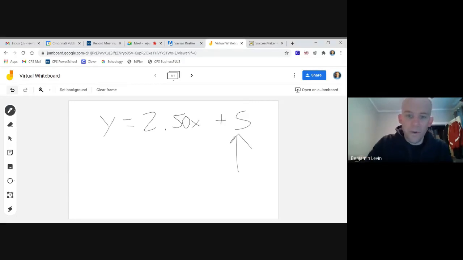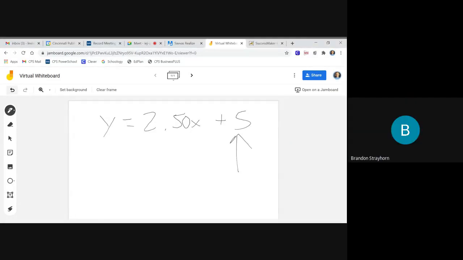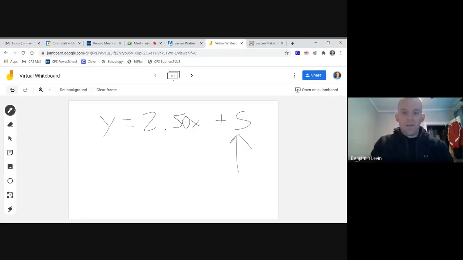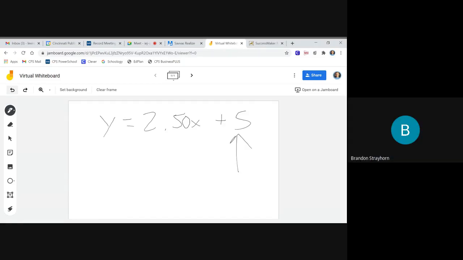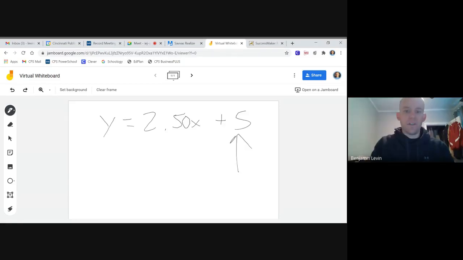Is this our slope or is that our starting point? Is that our slope? Our slope's always attached to x, remember? So this is the starting point. Yeah, the slope is always the one attached to x. So that's the slope. This is the starting point.